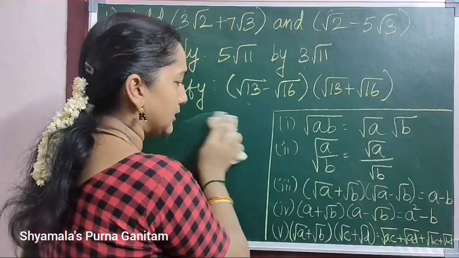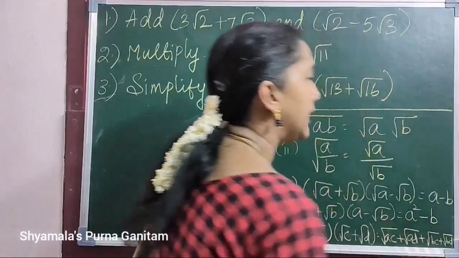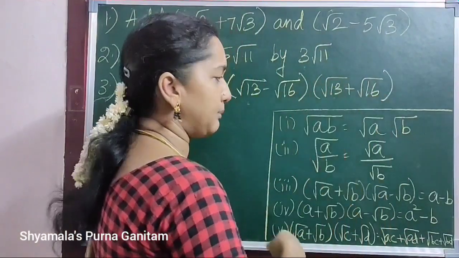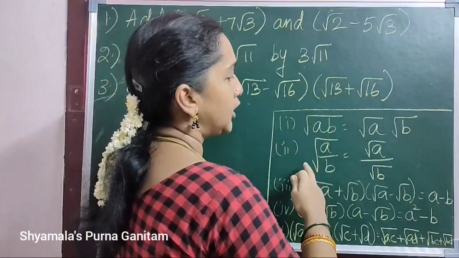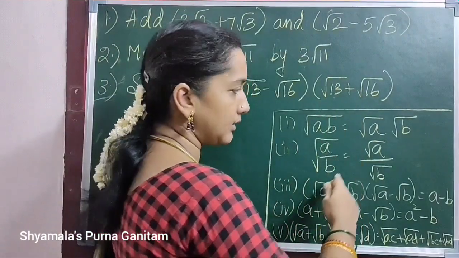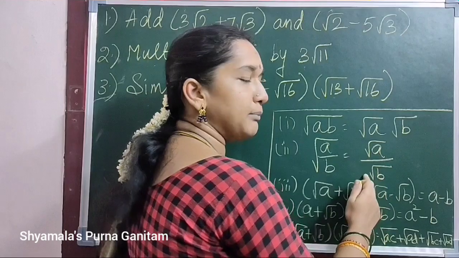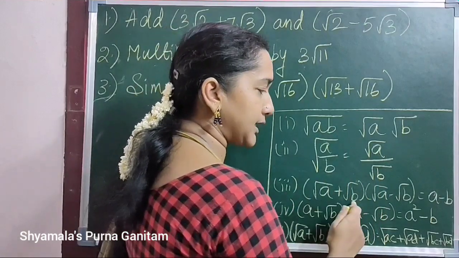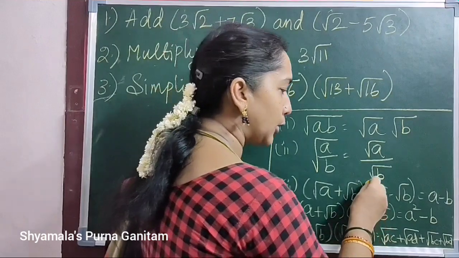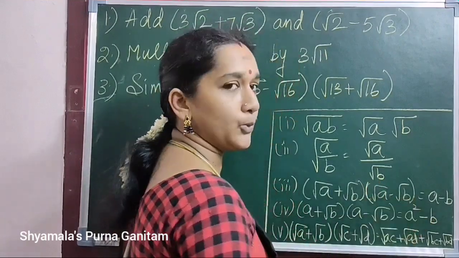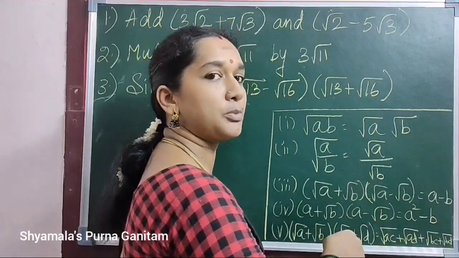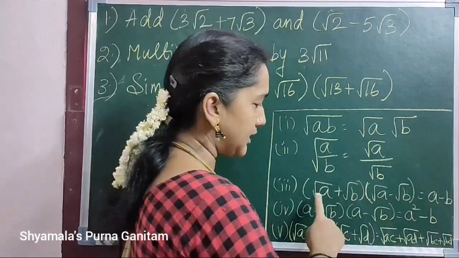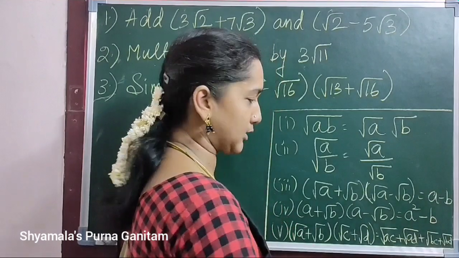Root AB is equal to root A into root B. That can be separated inside the bracket, inside the root. Then whole root of A by B is equal to root A by root B. Then third one, root A plus root B into root A minus root B. So this is our formula, this is our identity, A plus B into A minus B. So A squared minus B squared you will get.